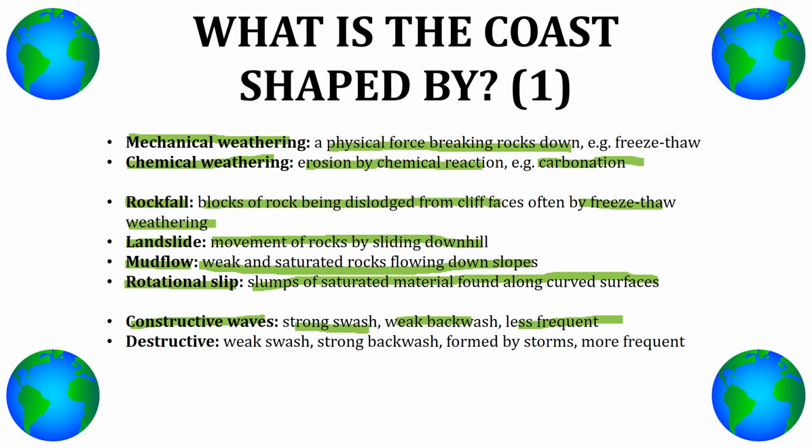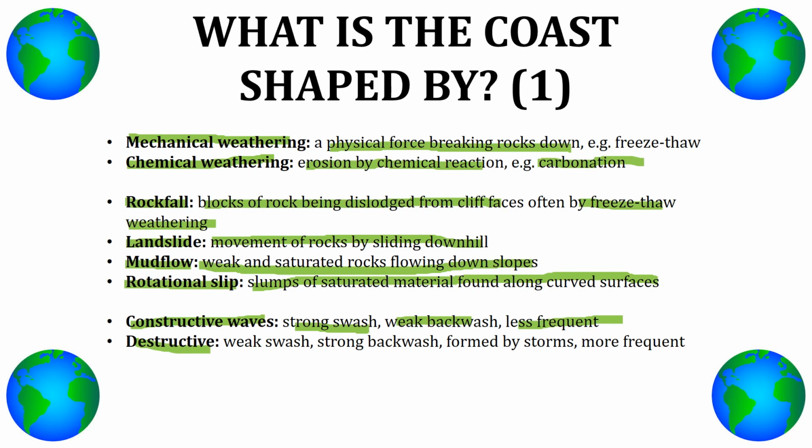However, the backwash is really weak, so the water just percolates into the beach, and it doesn't really have an impact on how the coast is shaped. But the strong swash does have an impact because it forms a beach berm, and they're less frequent. There are about 6 or 7 of these per minute, so they're not as frequent.